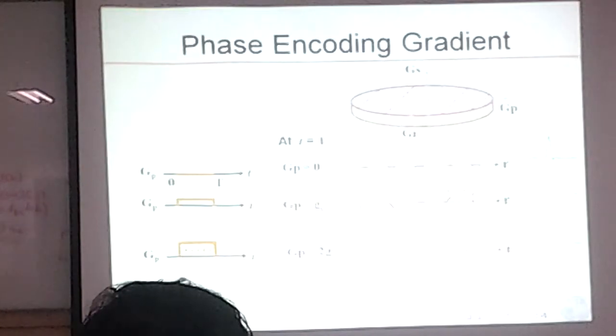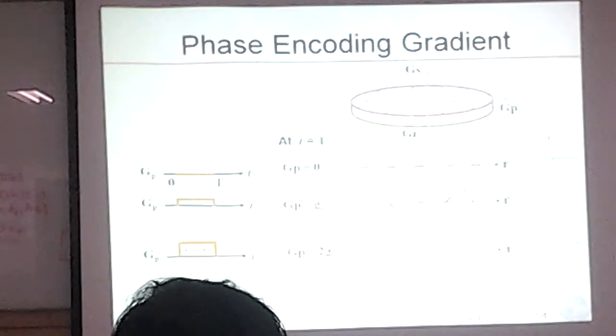That means every signal for a different phase encoding gradient is acquired using the same slice selection gradient and readout gradient with a different phase encoding gradient. So I think this will be explained later.